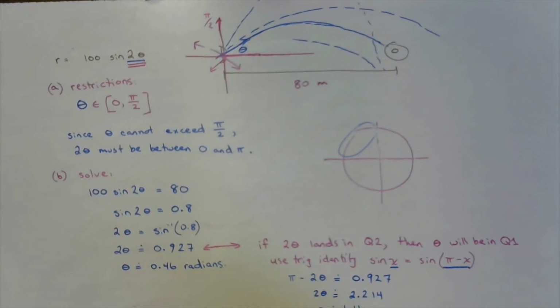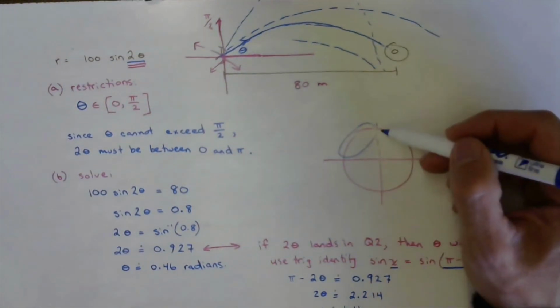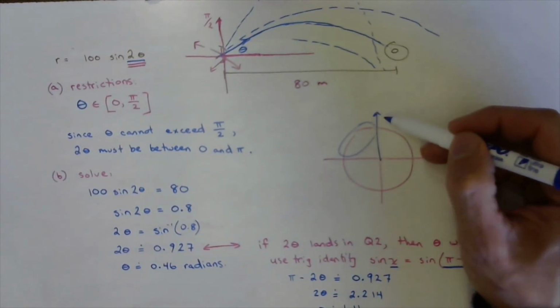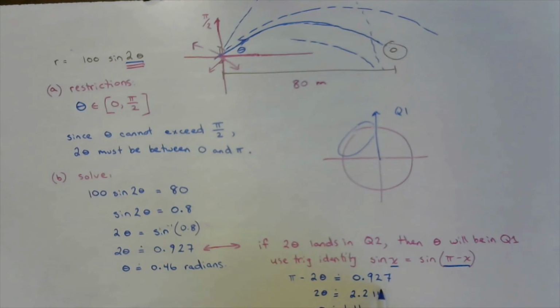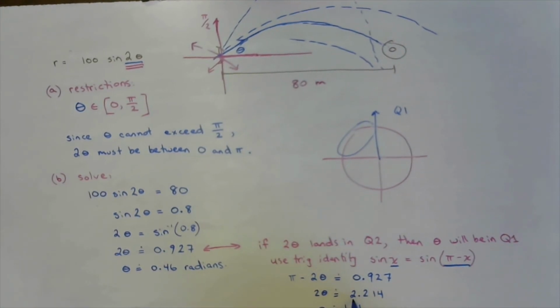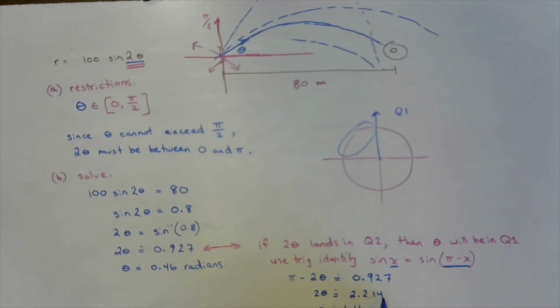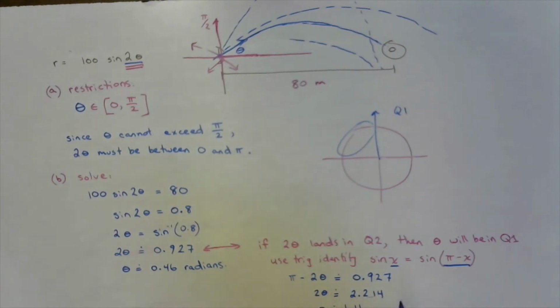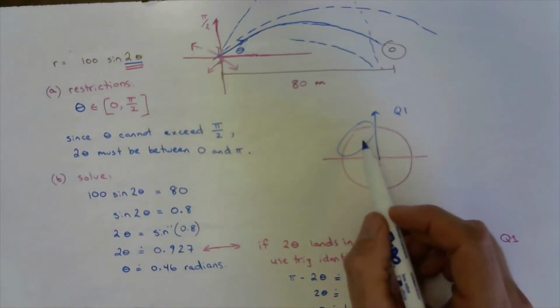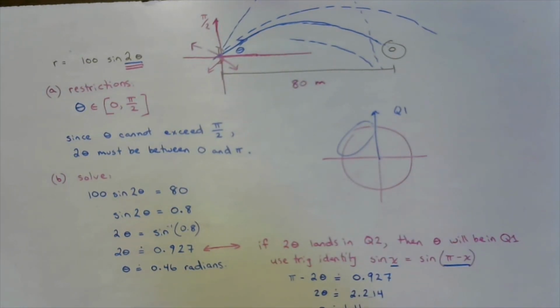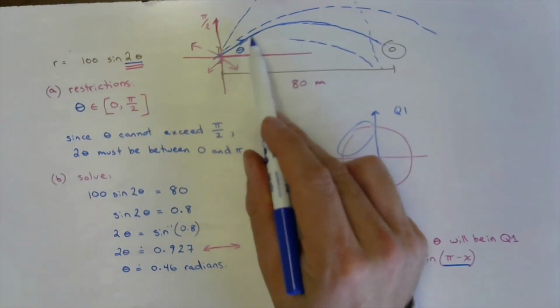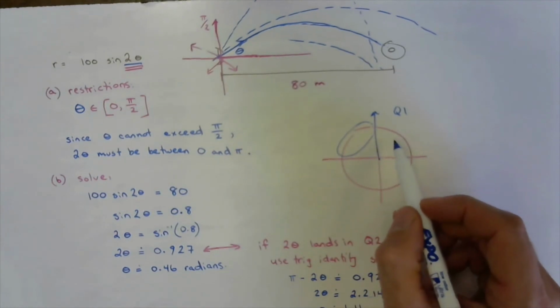So that is our other solution. And if this falls in quadrant 1, it's a good solution. We know it does fall in quadrant 1 because this falls in quadrant 2. That's less than 3.14, less than pi. So this is a second solution for 2 theta, falls in quadrant 2. Therefore, once we cut it in half, our angle of trajectory here will fall within quadrant 1.